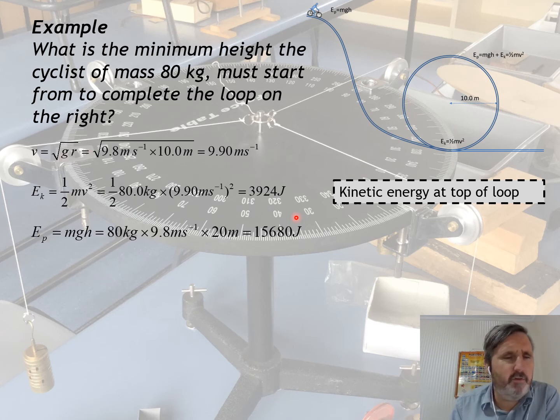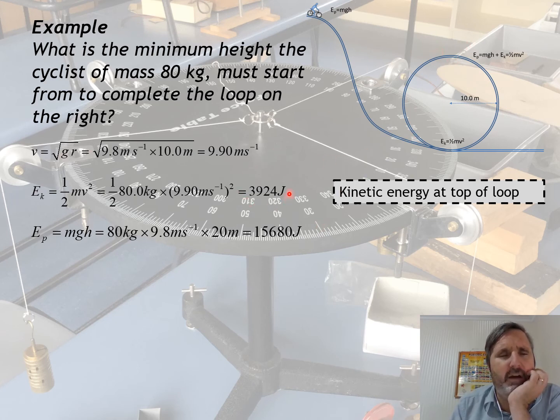And I can use EP equals mgh to calculate the potential energy. So we can take 80 times 9.8 times 20 equals 15,680. That's how many joules of potential energy.